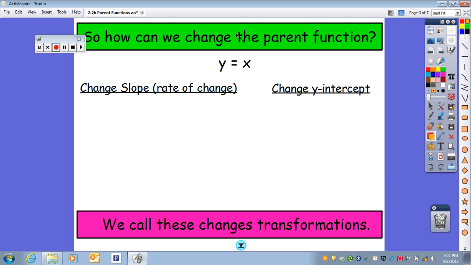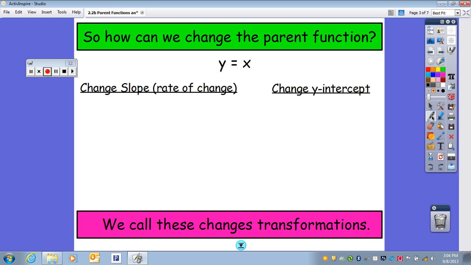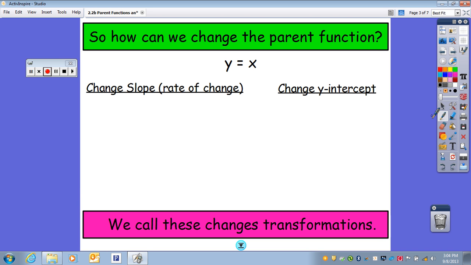So, how can we change the parent function? What can we do to it? Well, we can change the slope, or the rate of change. When we change the slope, we're changing the direction of the line. When we change the direction, it might change from positive to negative or negative to positive.